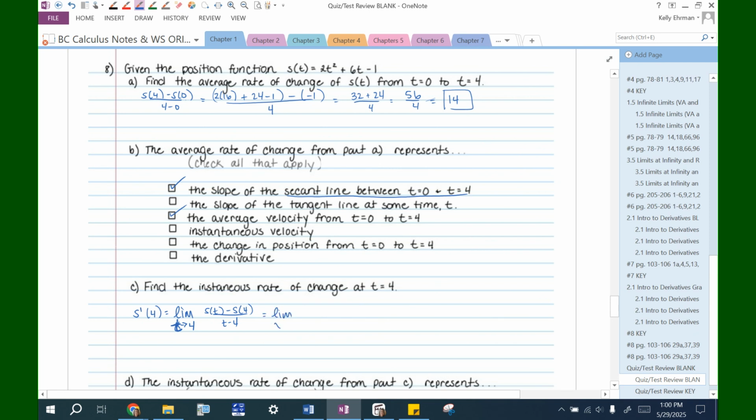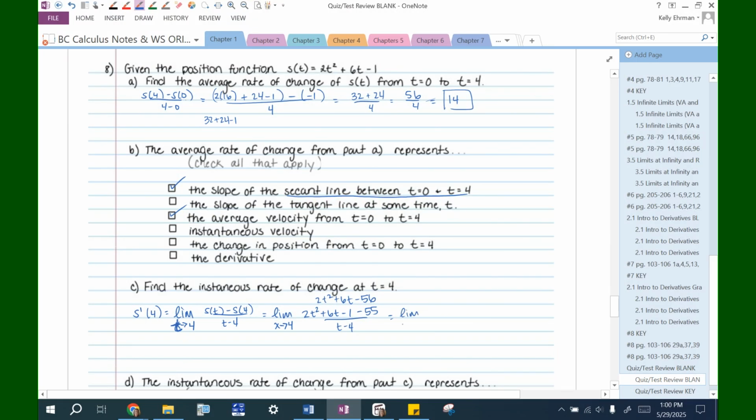That's the limit as t approaches 4 of 2t squared plus 6t minus 1, minus what we got when we plugged in 4 before, which was 32 plus 24 minus 1. So that was 56 minus 1, so that's 55, over t minus 4. Okay, 2t squared plus 6t minus 56. I can cut a 2 out of that.